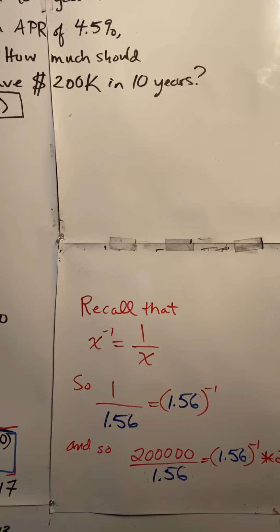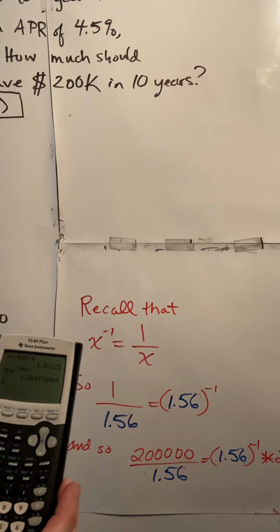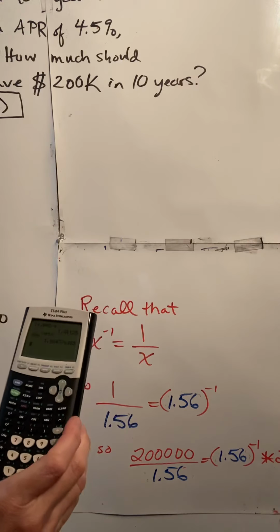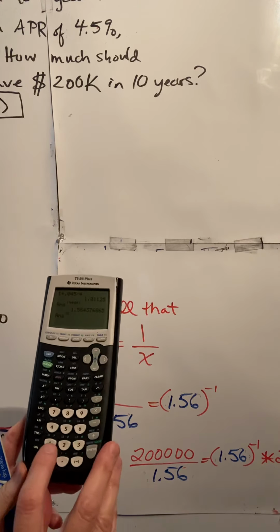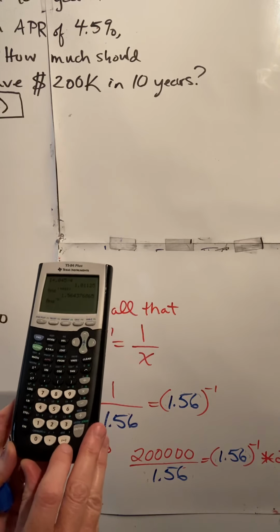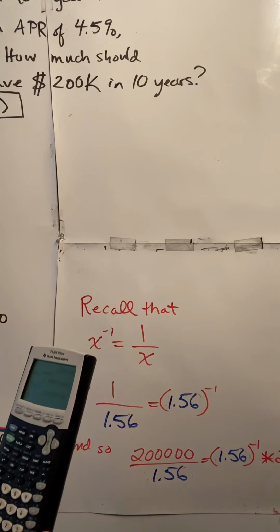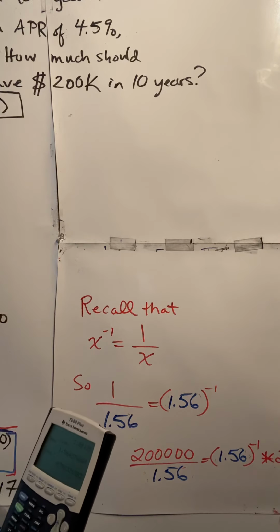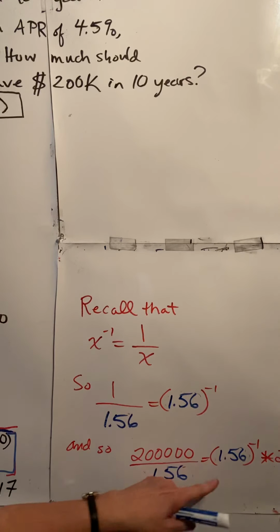So that is what I'm going to do. There's my denominator quantity, 1.56, and I'm just going to raise it to the -1. Make sure you're using the negative, not subtraction symbol for that negative. -1 power. Now it looks like 0.639, and that is this quantity.